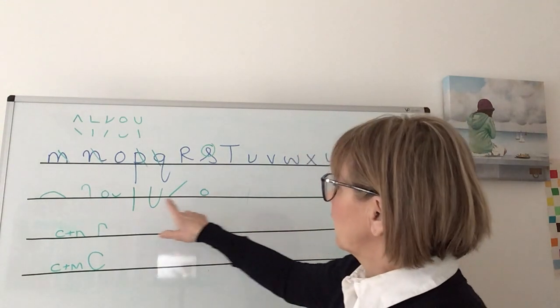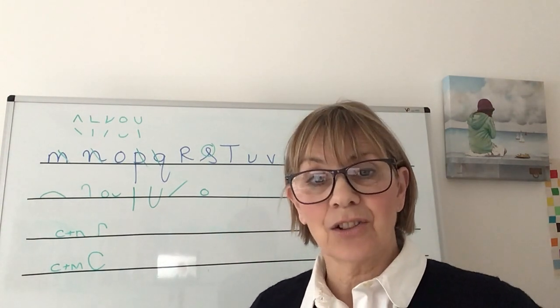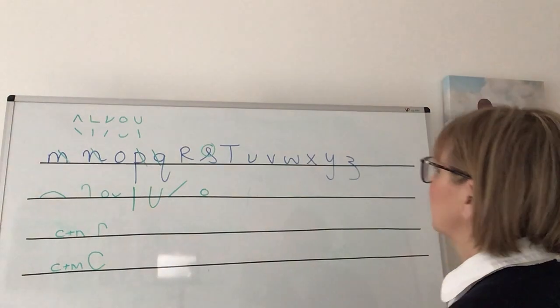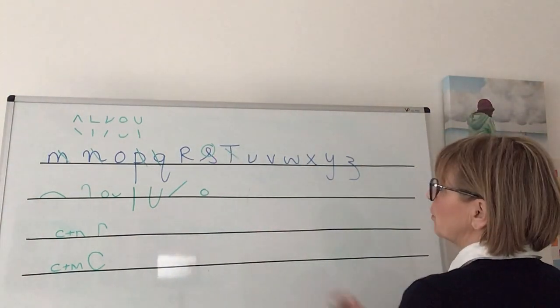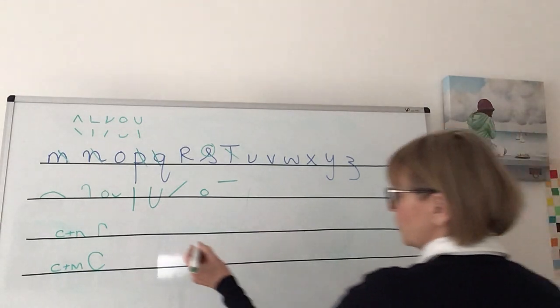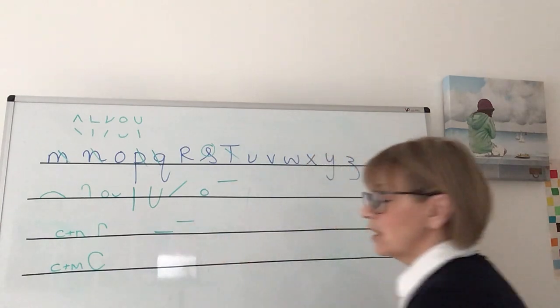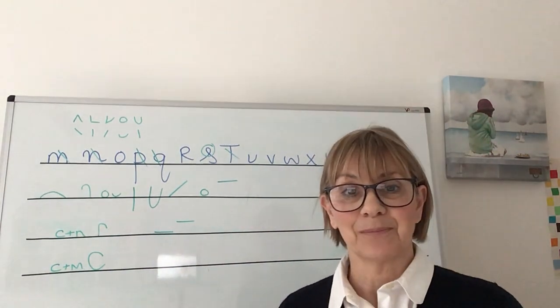So if you ever see a circle that's joined, it's going to be an S. It's not going to be a vowel. Take this part of the T away, and you're left with a line above the line. So now we've had D on the line, and now we've got T above the line.